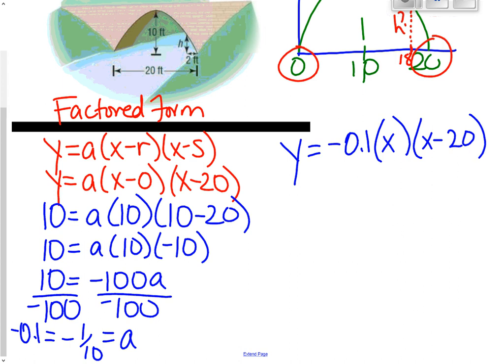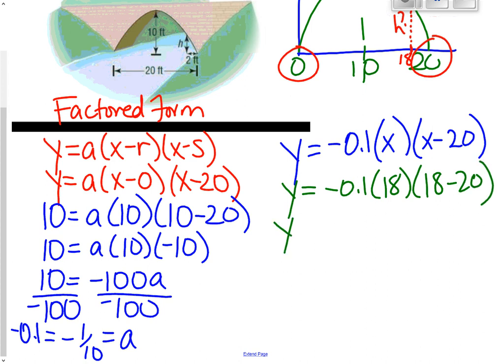All right, so we want to know what the height is when it's 18 meters across. So I'm going to go in, and wherever there's an x, I'm going to substitute in that 18. 18 minus 20, which is -2.